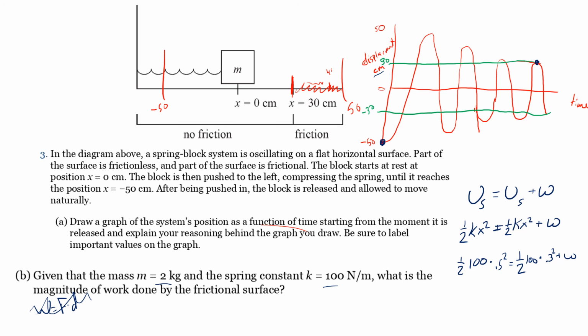So once you grind these together, you're going to get 12.5 equals 4.5 plus W. So W is equal to 8 joules. So that's how much work is done by the friction.